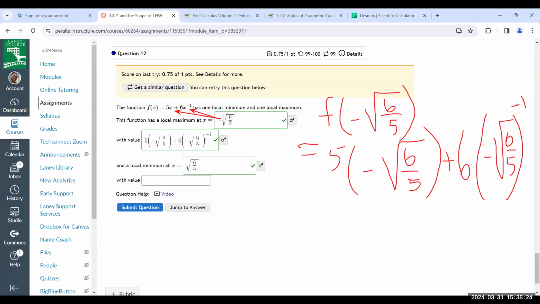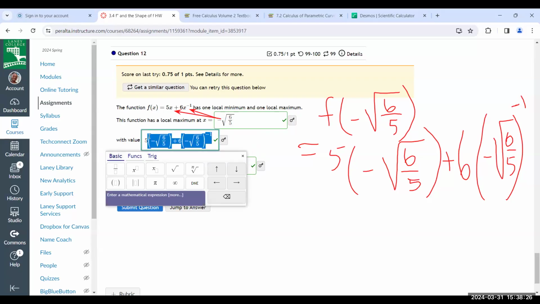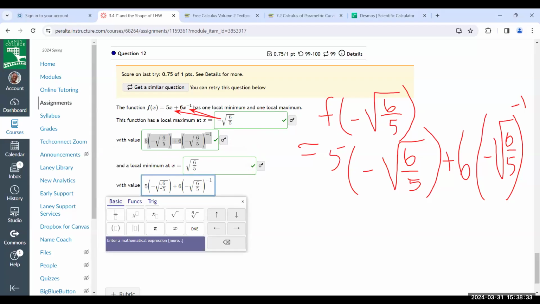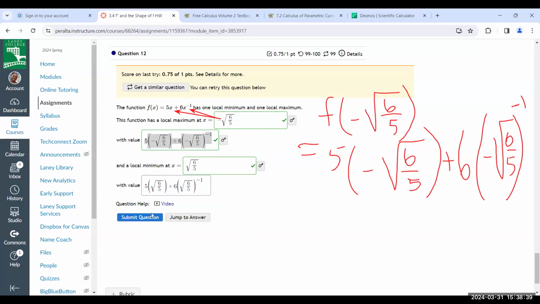So there we go. That's the exact value. If you want an approximation, then use the calculator. So for the other one, I'll plug in positive root 6 over 5 for x. And there I will get my exact value.